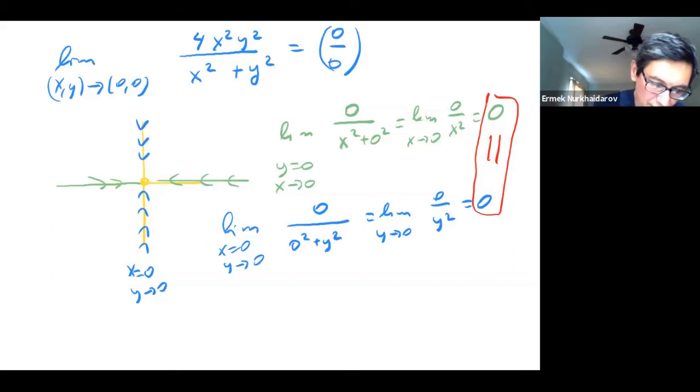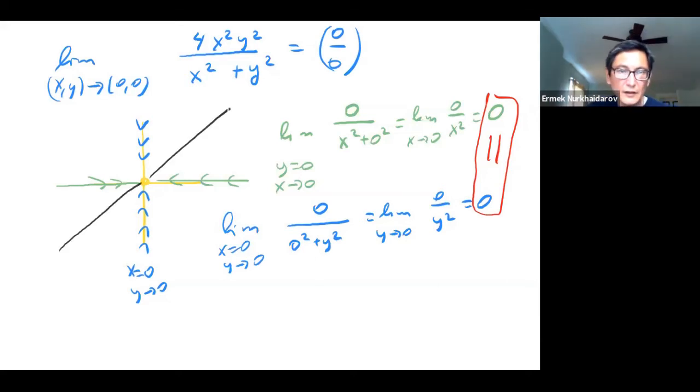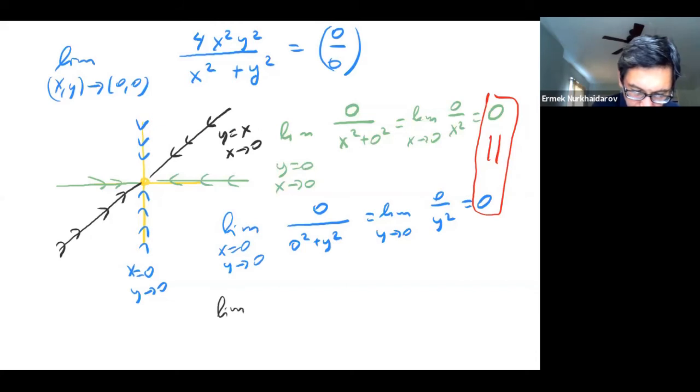Now let's approach it from a different direction, because we still have at least a few more lines to approach along. Let's bisect the first and third quadrants and approach along this straight line. Okay, so that's the straight line y equals x, and x approaching 0. So take the limit with y equals x, x approaching 0.